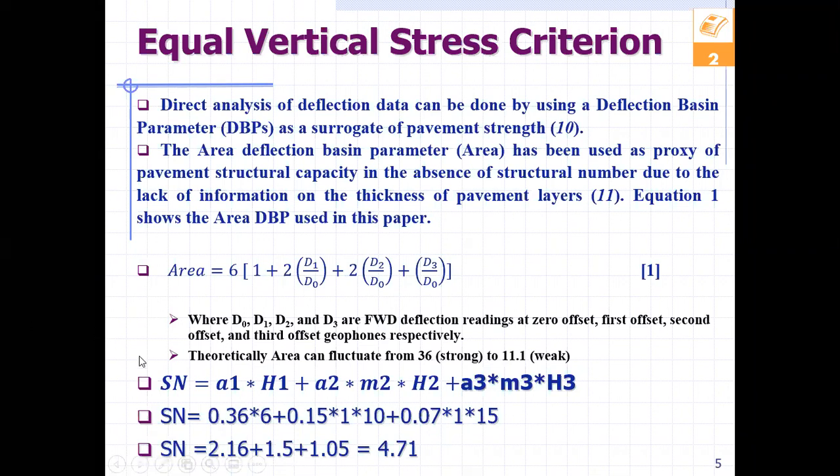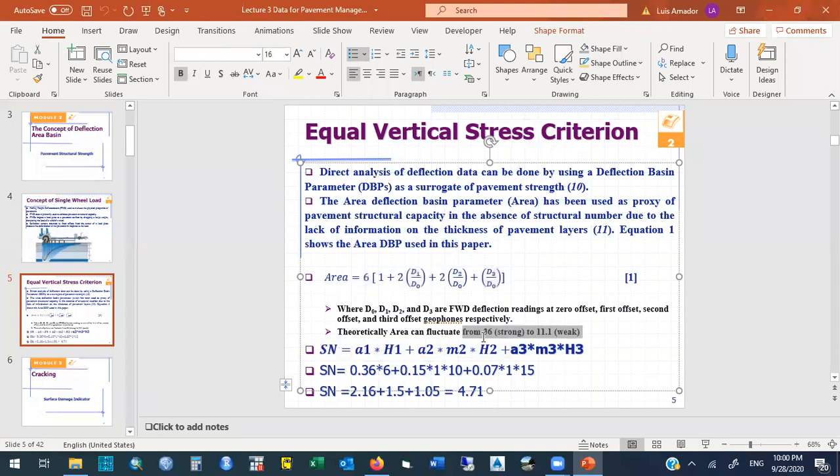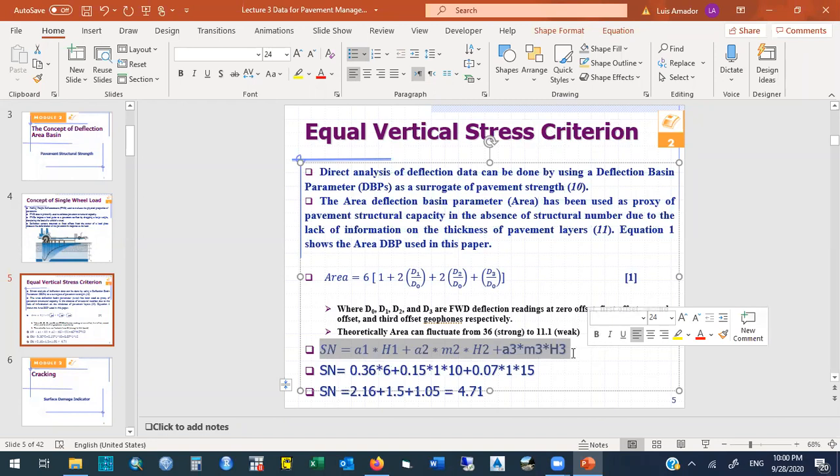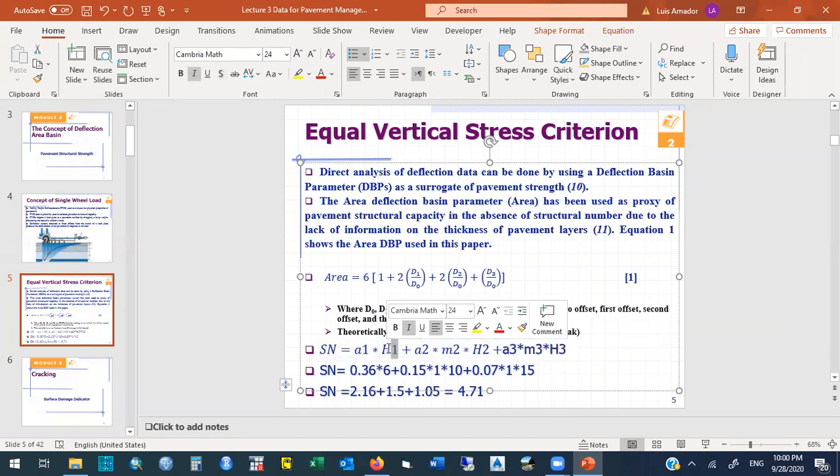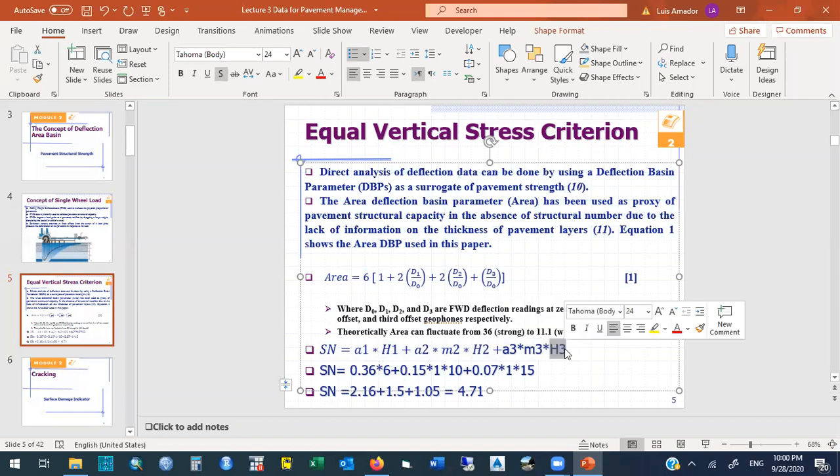There's another one that is called the structural number that I'm showing here at the bottom of the presentation. And the structural number uses the thickness of the pavement layers, H1, H2, and H3. It uses that thickness, and it uses some coefficients that are related to the strength of the layer.